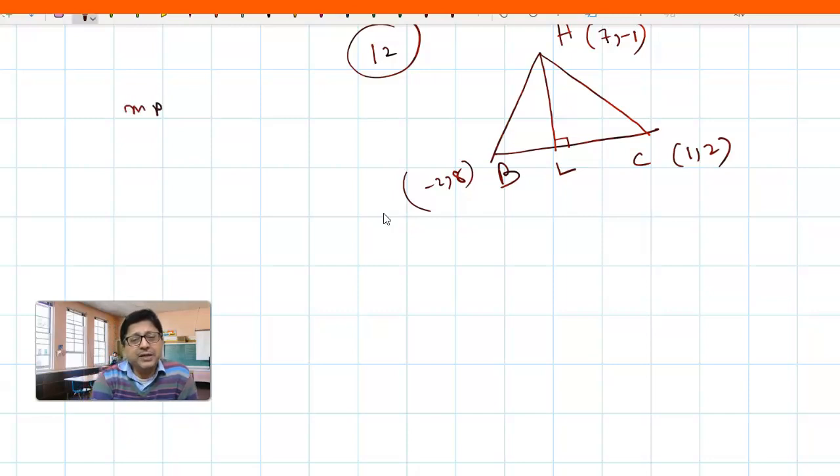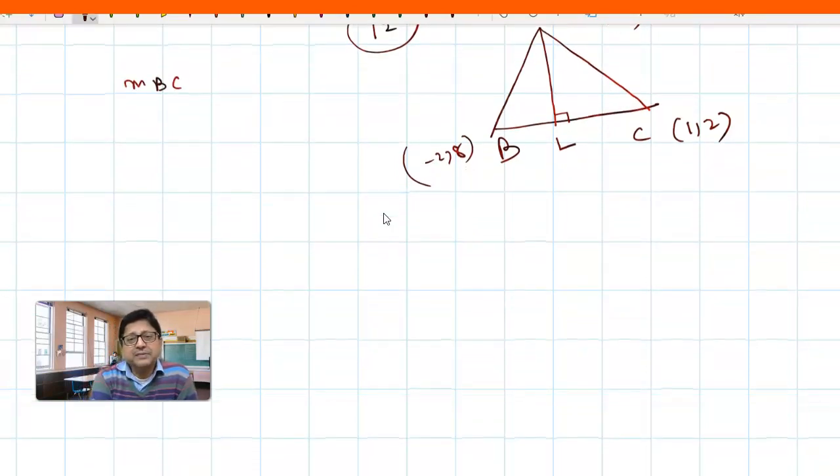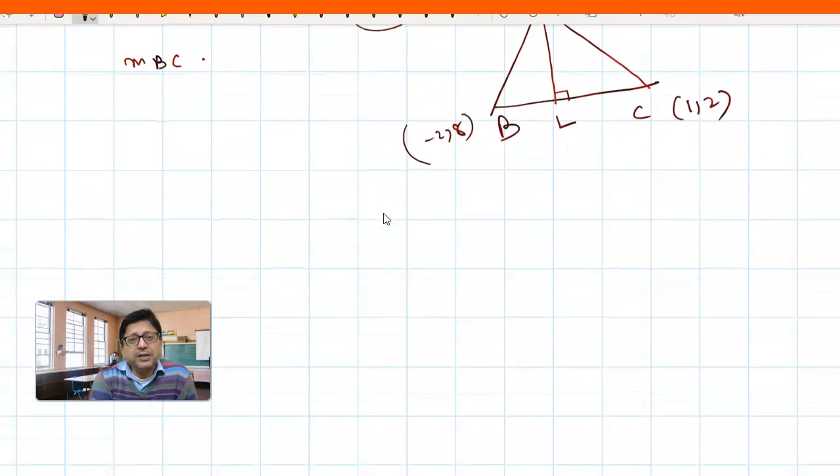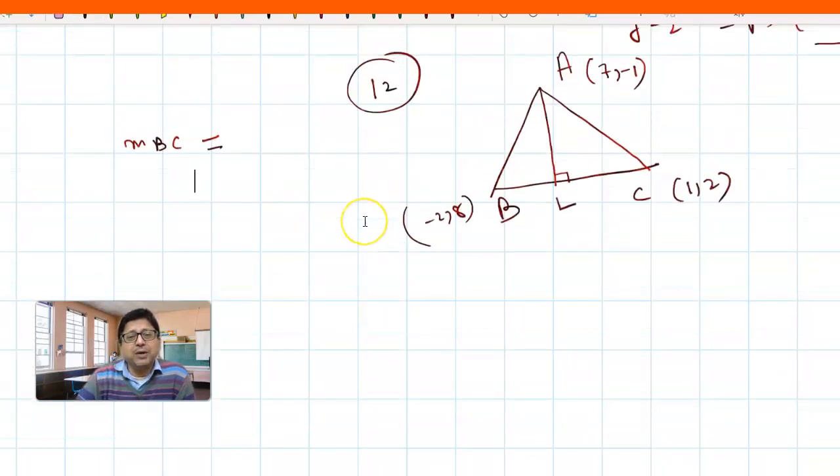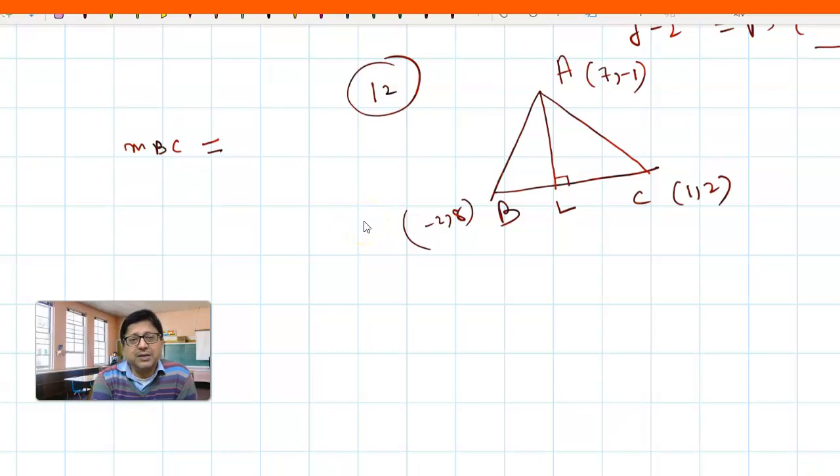You write m of BC in this form, that is y2 minus y1 by x2 minus x1, 2 minus 8 by 1 plus 2. This is minus 6 by 3, that is minus 2. So this line has slope minus 2. AL must have a slope such that the product of slopes is minus 1, so this has to be half.